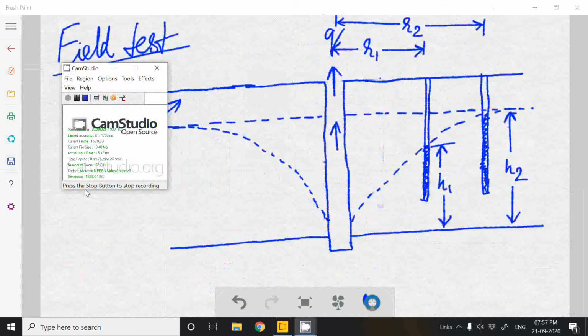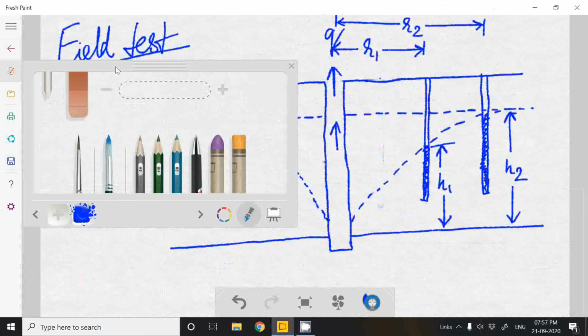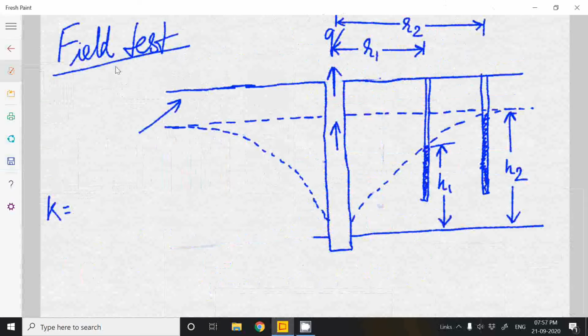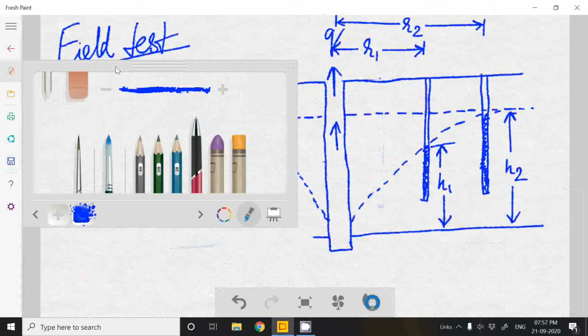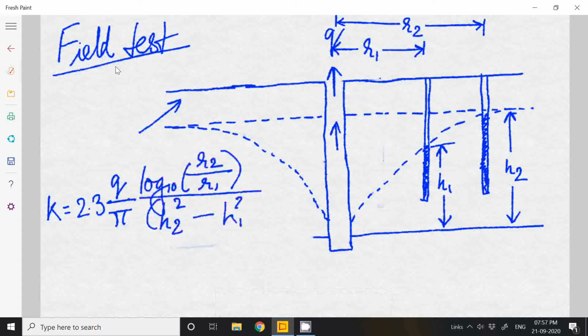It will be calculated by the formula K equal to 2.3 Q by pi, log to the base 10 of r2 by r1, divided by h2 square minus h1 square.